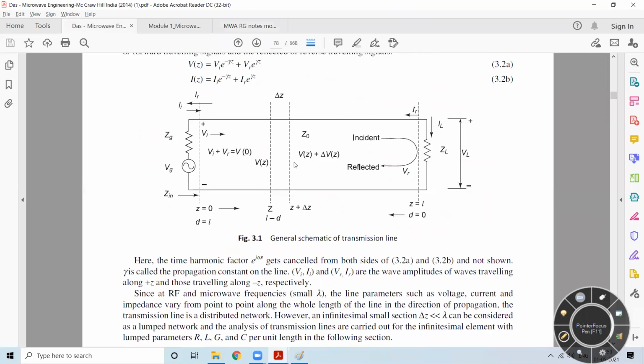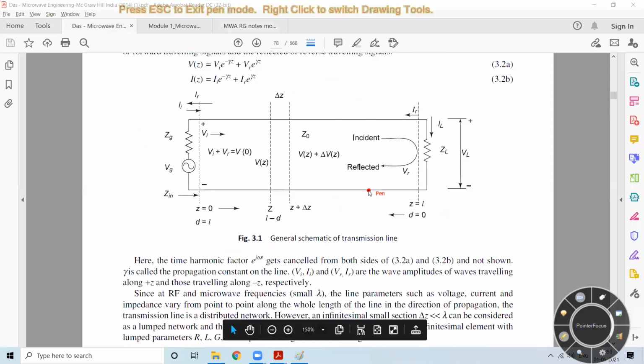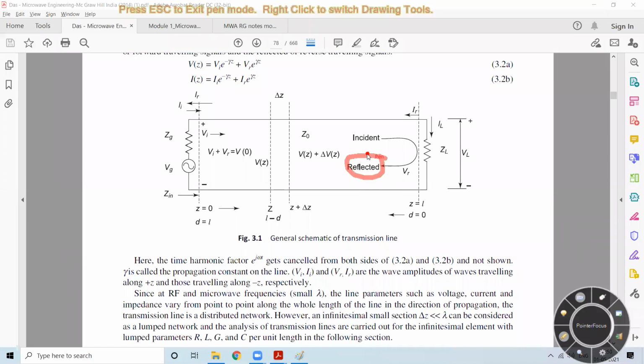Whenever we are operating at microwave frequencies, we have an incident component and a reflected component. Since we are operating at high frequencies, these reflected components we cannot neglect. This can give rise to what we call standing wave ratios in the transmission line.